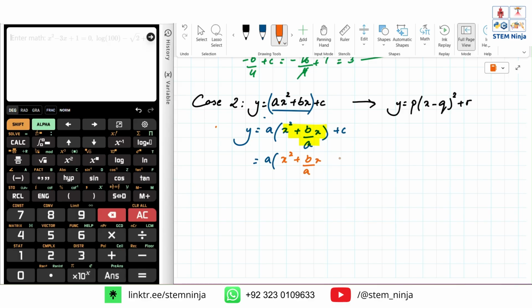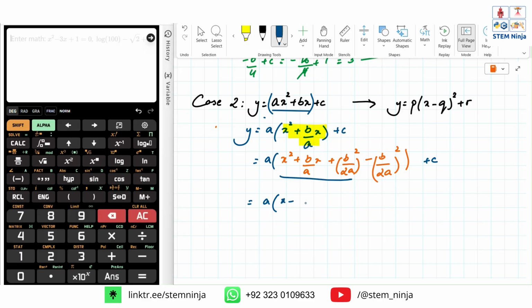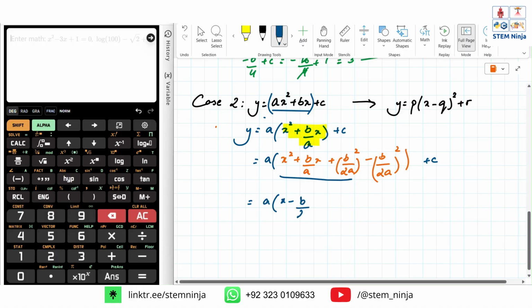Now b over a is the middle term, so the third term would be b over 2a whole squared, minus b over 2a whole squared, and plus c. So this becomes the completed square.